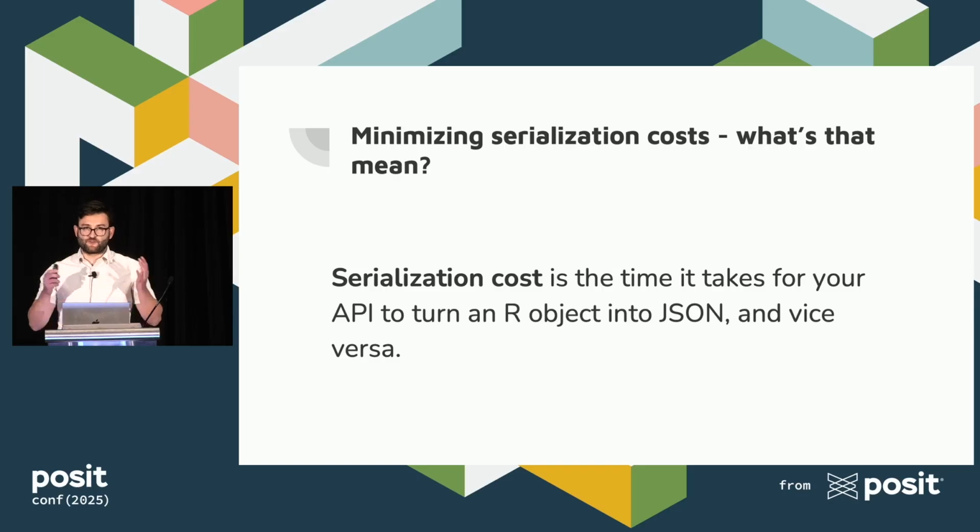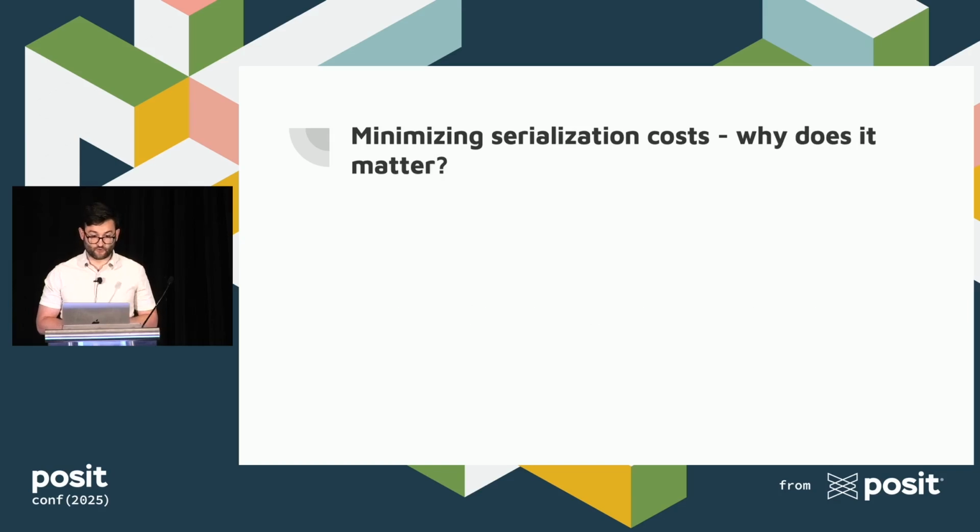You can optimize the business logic of your API endpoints, but at the end of the day, there's going to be this serialization cost that you pay to turn your R object, that's going to be the API response, into JSON. So there's an opportunity here to zero in on how your objects are being serialized to see if there's an opportunity to improve performance.